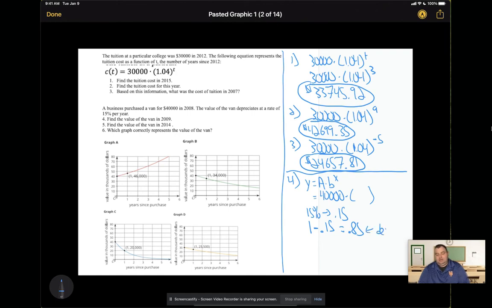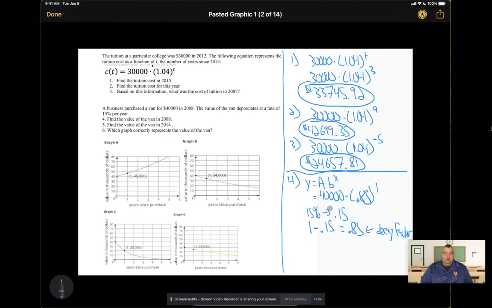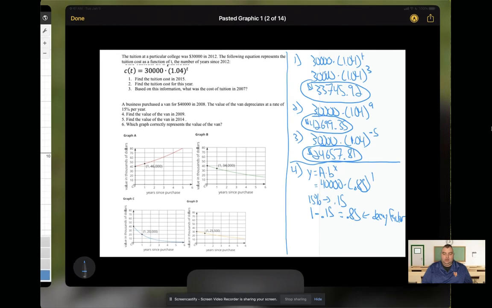That right there is my decay factor. So I'm going to plug in 0.85 for b. And then 2009 is how many years later? That's 1 year later. So I need to calculate 40,000 times 0.85 to the power of 1.